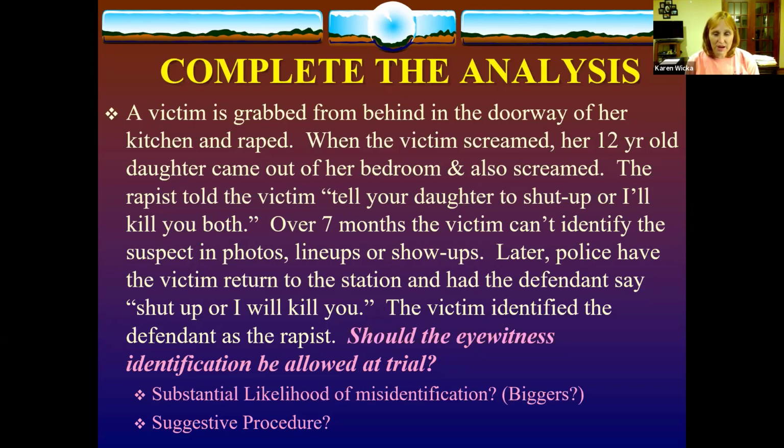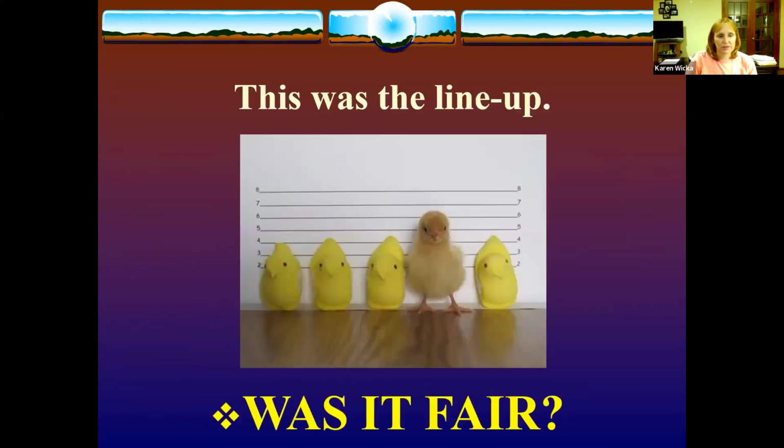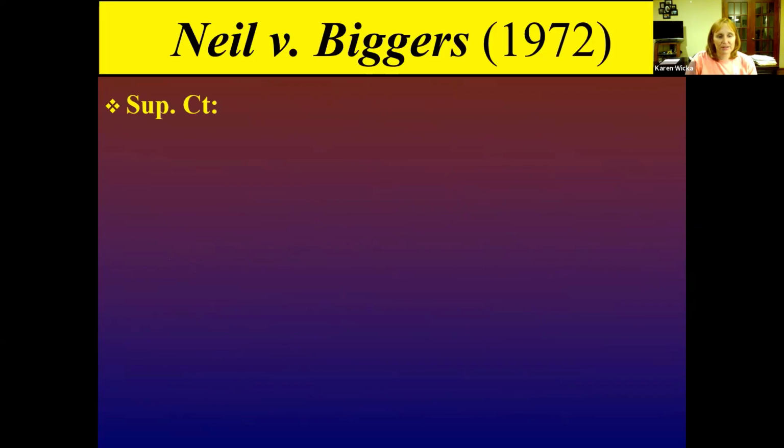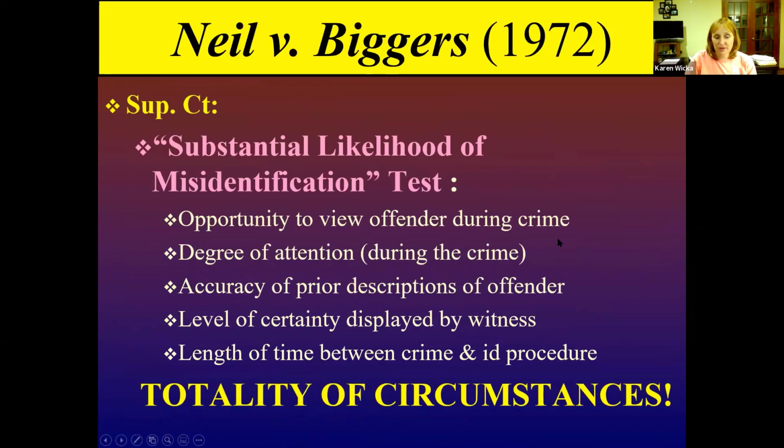The other factors we have to look at, how long. It was 7 months prior to being able to identify the person. So that's going to lead to more idea of possibly unreliable, right? So that's going to be one of the factors. So let's go back. What were some of the other factors? Opportunity to view the offender, so grabbed from behind, how much she's paying attention.